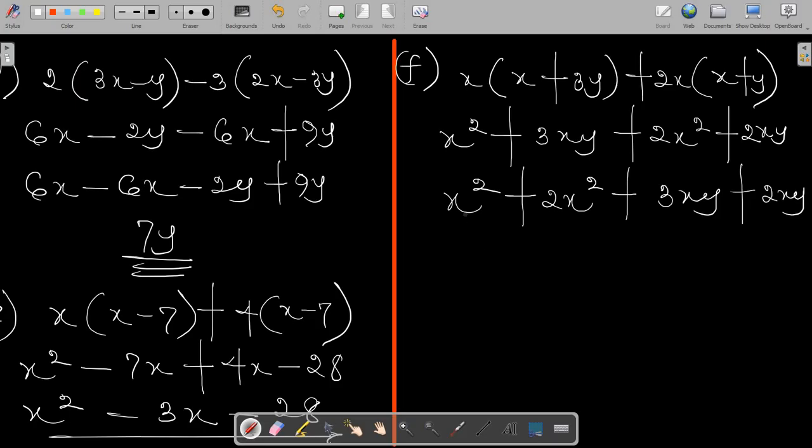What is x squared plus 2x squared? They are like terms, so it will just give us 3x squared. Now watch out for this. This is 3xy plus 2xy, definitely we have it to be 5xy. And that is the answer to that question.